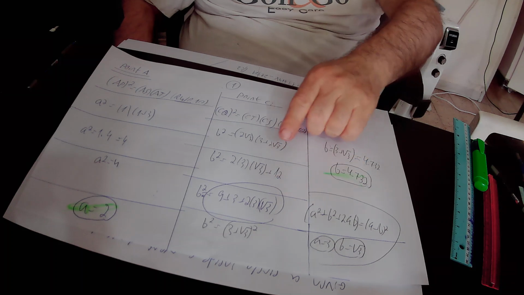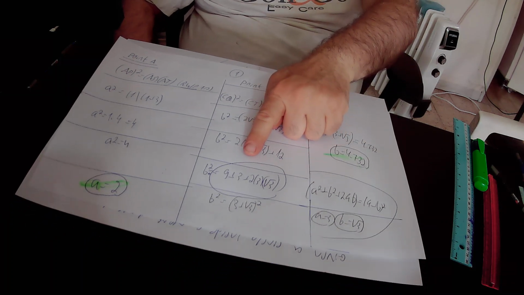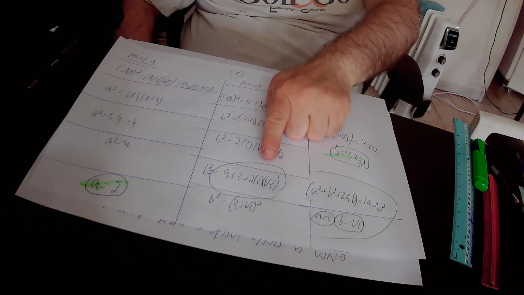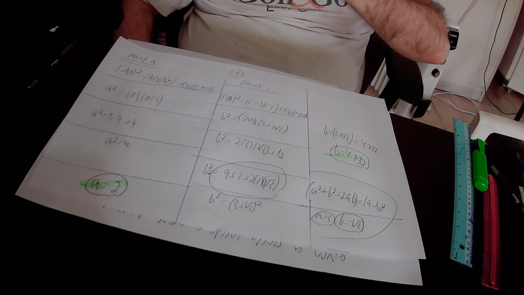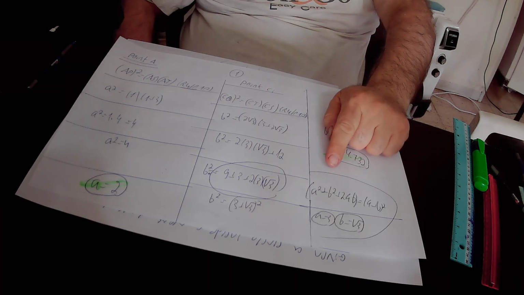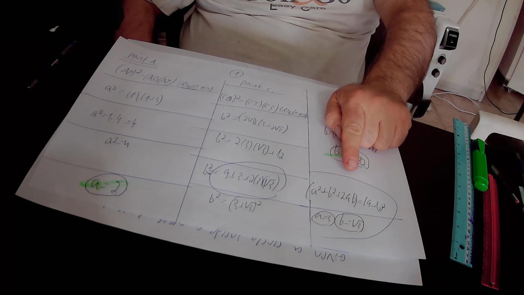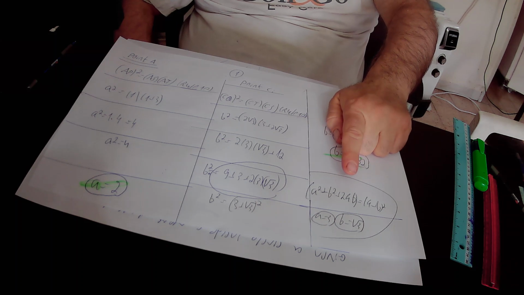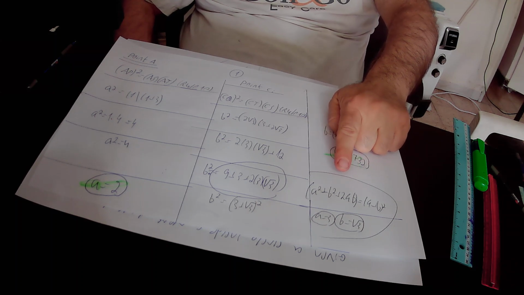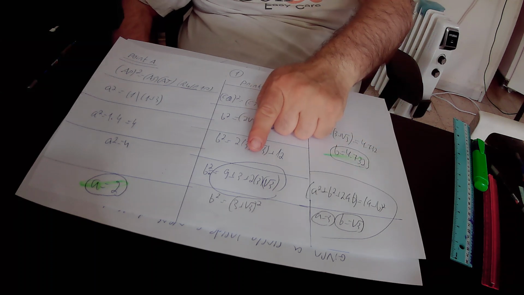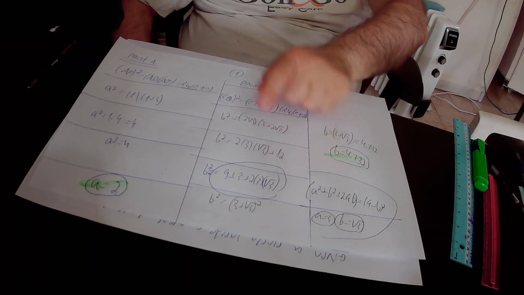So this expression, 9 plus 3 plus 2 times 3 times square root of 3, is equivalent to a squared plus b squared plus 2 times ab. If we substitute a by 3 and b by square root of 3, we get that a squared plus b squared plus 2ab equals 9 plus 3 plus 2 times 3 times square root of 3.